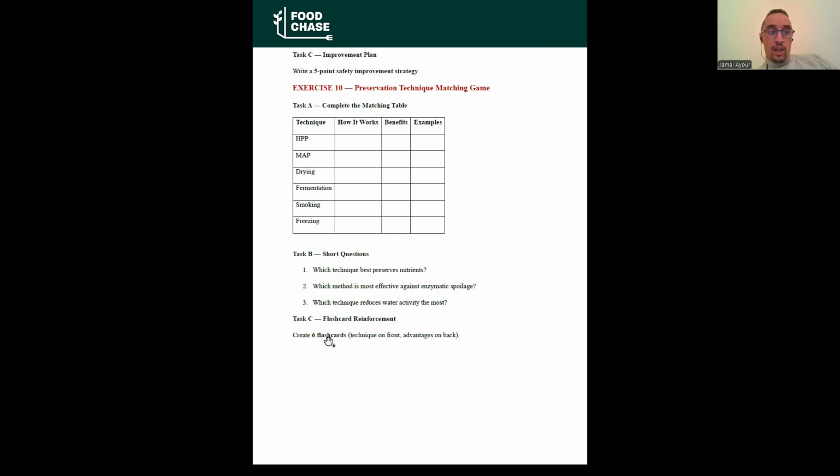The objective is to understand each technique on the front and its benefit on the back, with six flashcards, compared with the first exercise, to clearly understand the use of each technique and its advantage. This is one of the must-do exercises that we can do in a group, in a team, or individually.